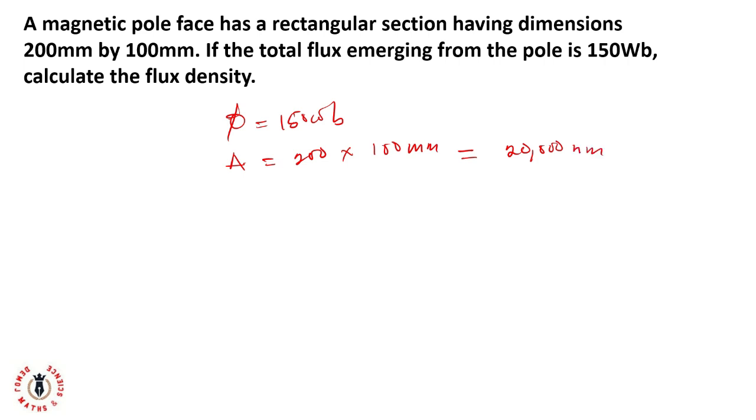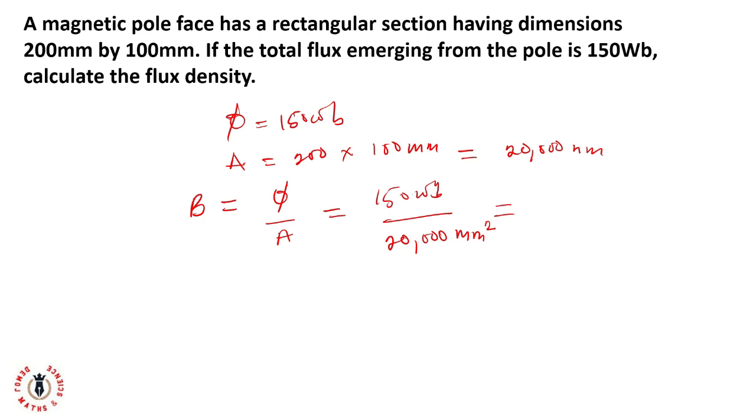Now, my flux density: if the total flux emerging from the pole is 150 Weber, calculate the flux density. That is, my flux density B is given as phi over A, which will be equal to 150 Weber divided by 20,000 millimeter squared. I've decided to leave this in millimeter squared.